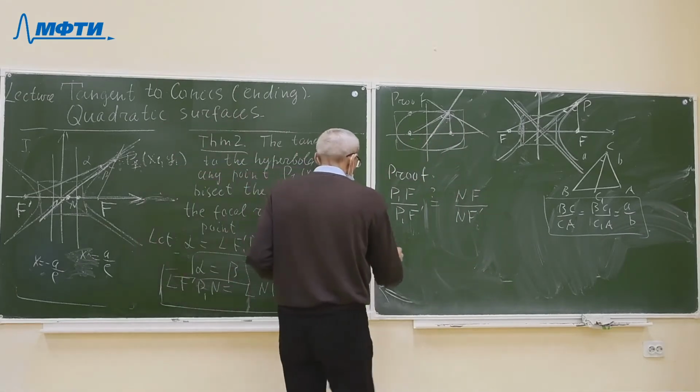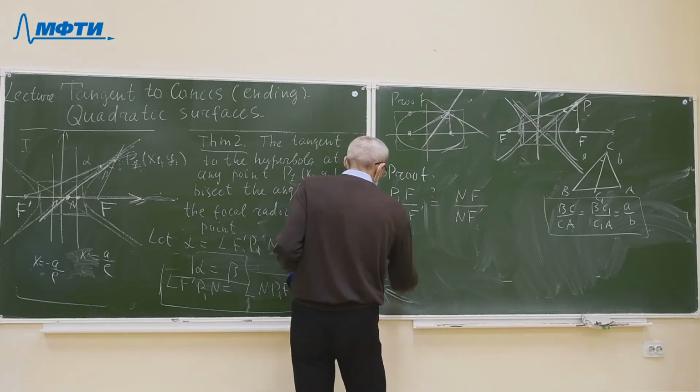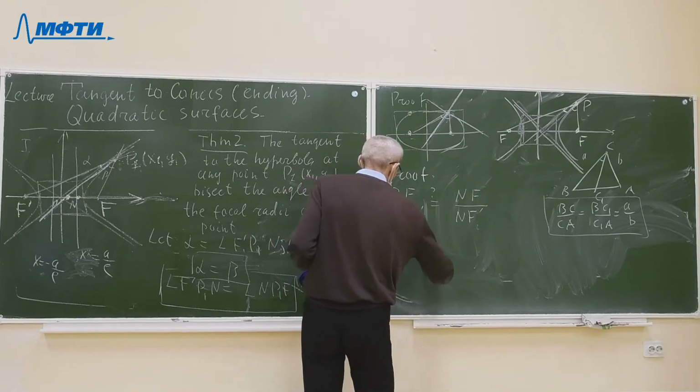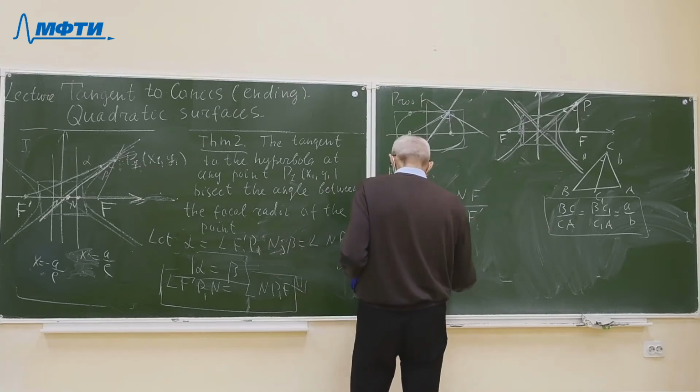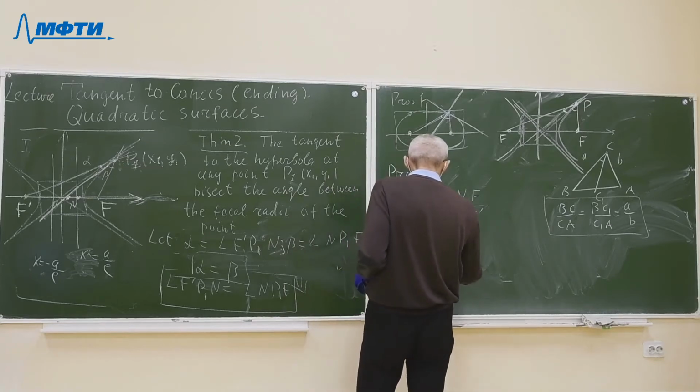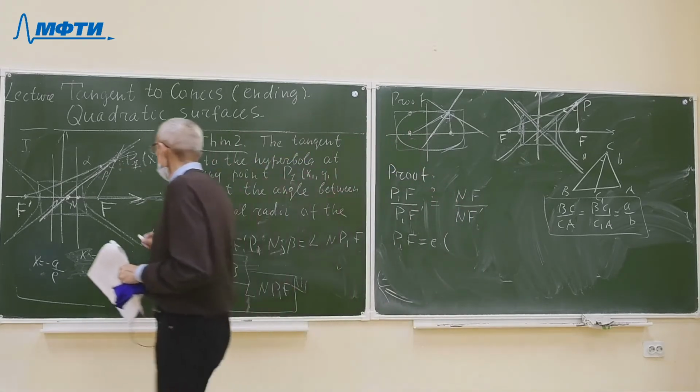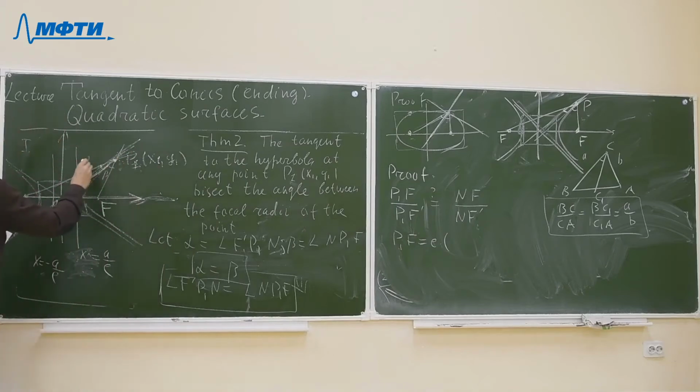We have that the focal radius P1F is equal to the product of the eccentricity times the distance between P1 and the directrix.